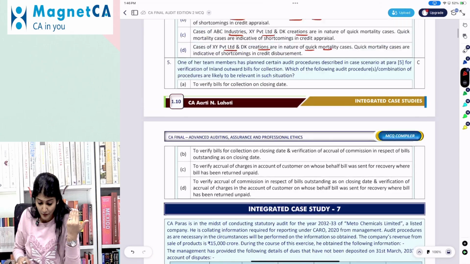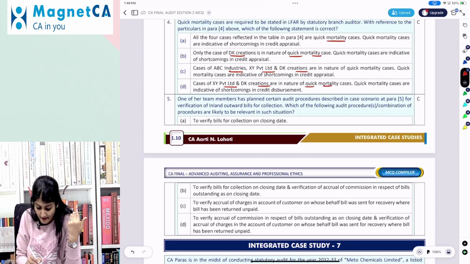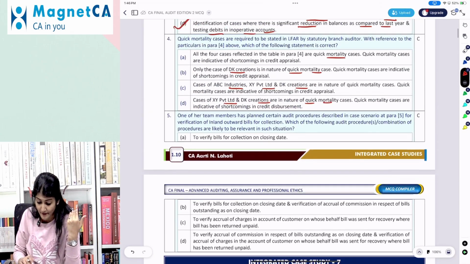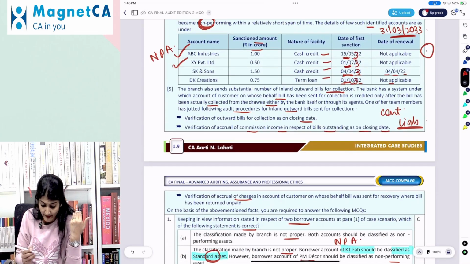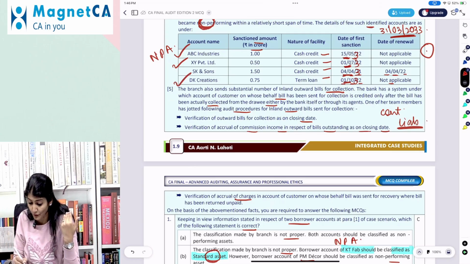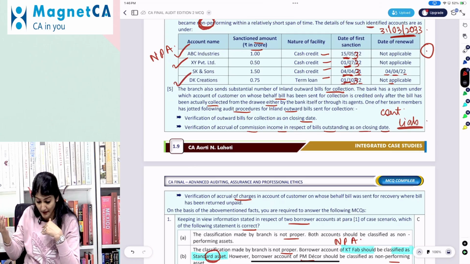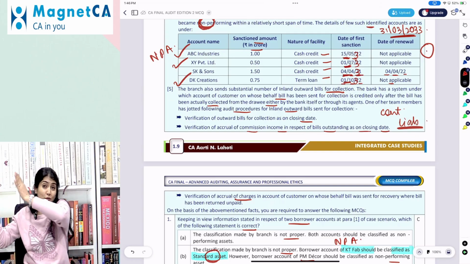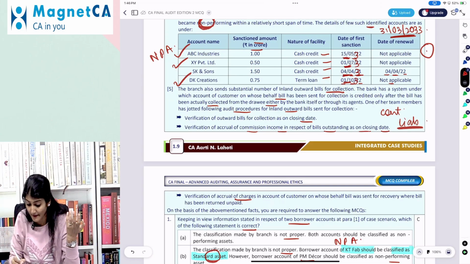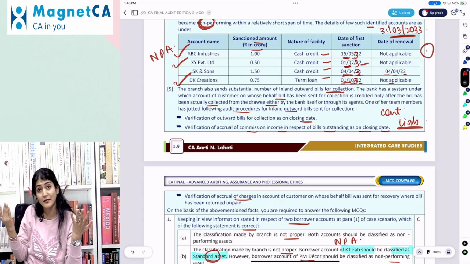Okay. Right, so what would be the correct option in this case? It says the ABC Industries, XYZ and DK. So 4th April 2031, that is not in the nature of early mortality, because that has been for a longer period of time. But these other ones, yeah, within a period of 1 year.